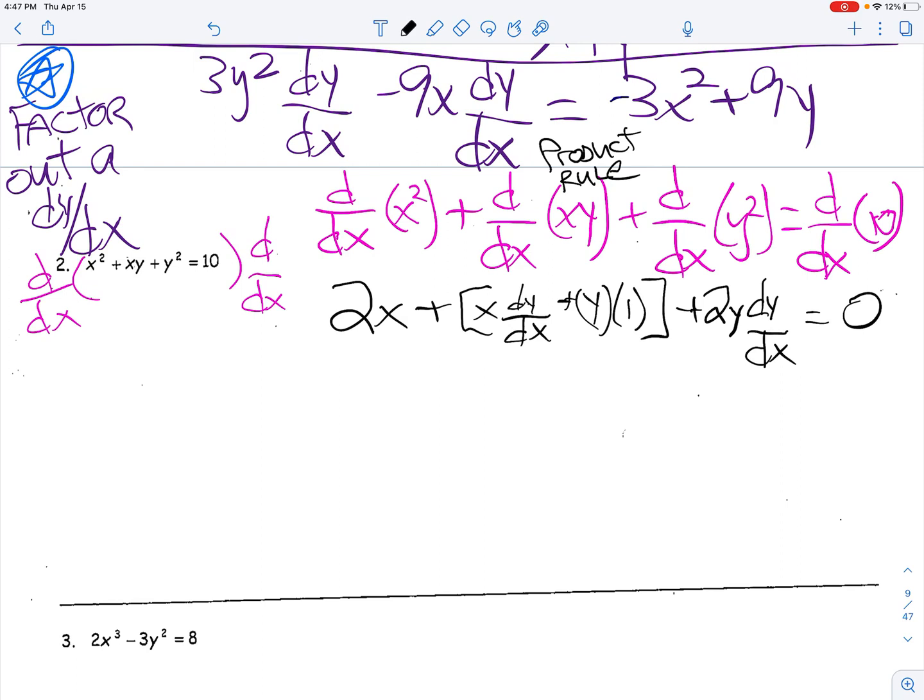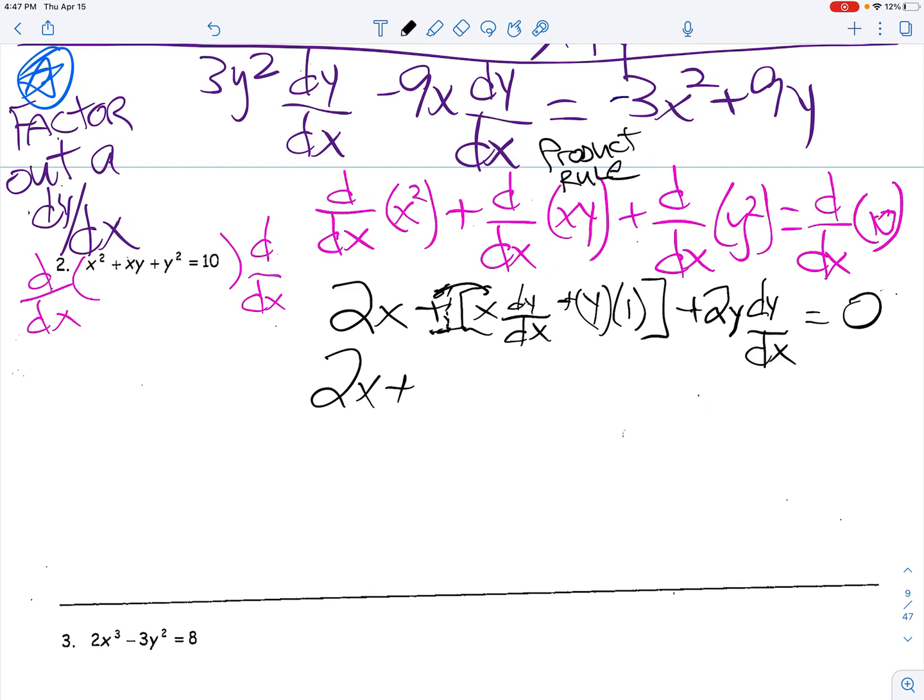What are you seeing here? Anytime you're taking a derivative and there's a y, you're slapping on a dy dx. Okay? Anytime you take the derivative and there's a y there, you take that derivative, yes, and then you slap on a dy dx. Right after.